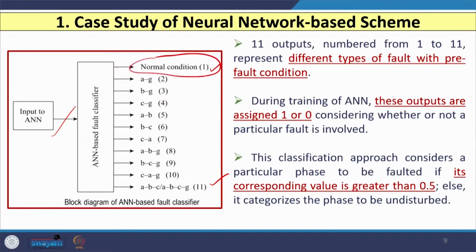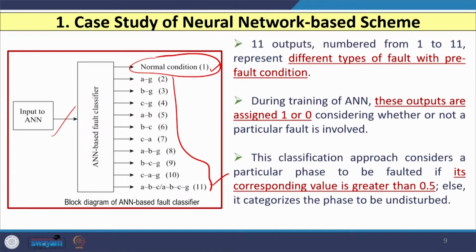So, 1 indicates the normal or pre-fault condition, whereas 2 to 11 indicate specific types of fault. During training of the neural network, these outputs are assigned as either 0 or 1. So, considering whether a particular fault is involved or not, you can classify the fault.